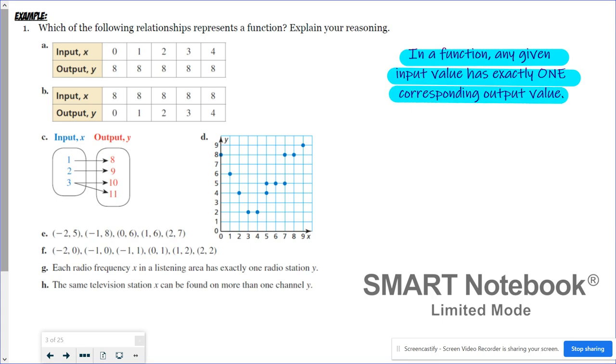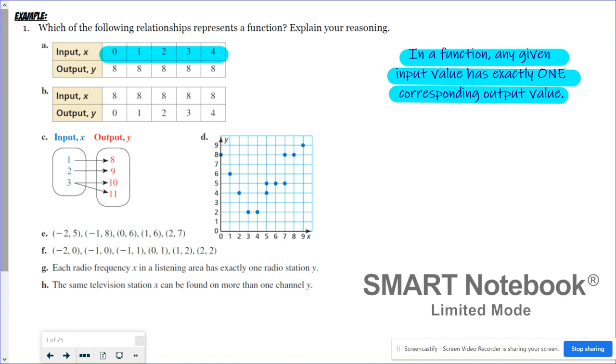So the first thing you can look at, and there are 8 relationships here, is the inputs. All right. So in A, notice that all of my inputs, I have 5 of them, but they're all different. That is an excellent indicator that what we have here is a function.